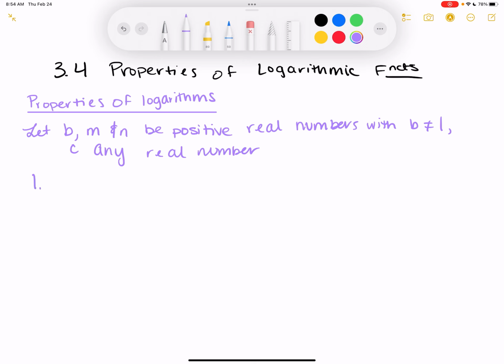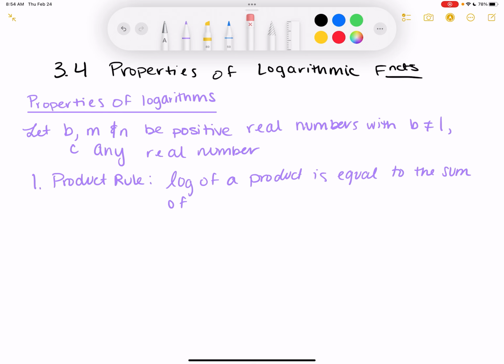So first we have the product rule, which is the log of a product is equal to the sum of the logs.